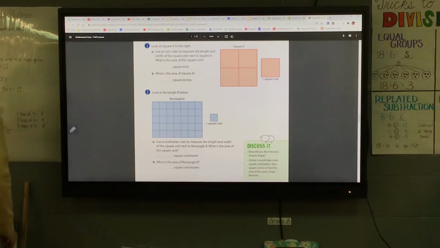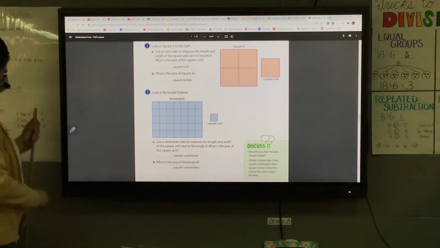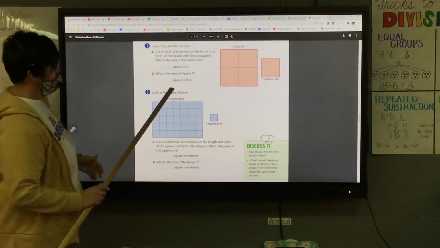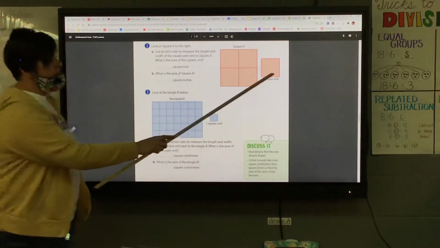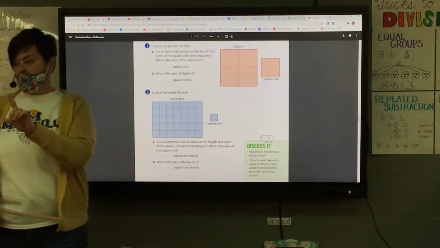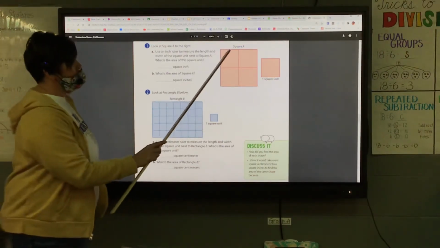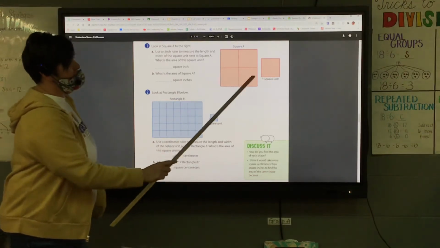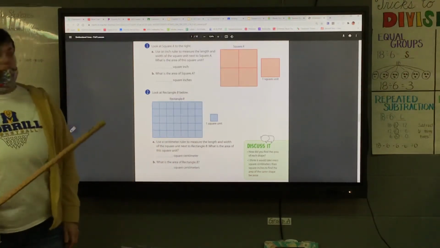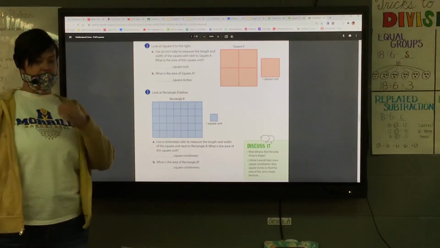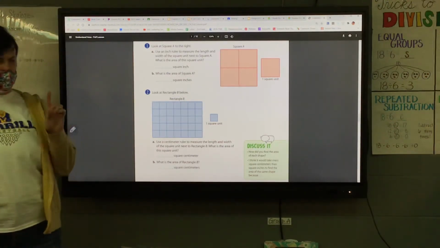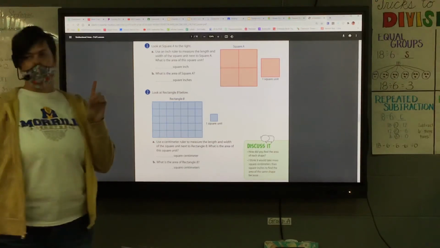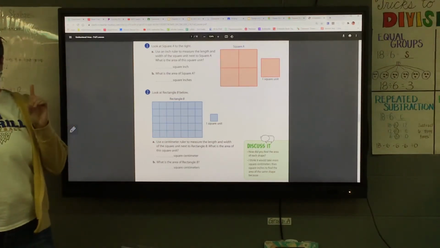Now, if we find the area of square A, we're not talking about the 1 square unit anymore. We're talking about the area of square A. How many square inches is square A? Just 1? No. Show me.